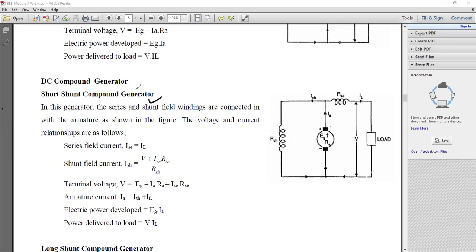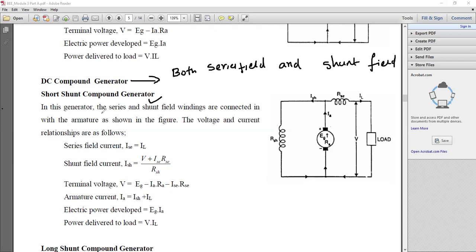A compound generator means we have both a series field and a shunt field. Make a note of this. That is why a compound generator is the combination of the series generator and the shunt generator.